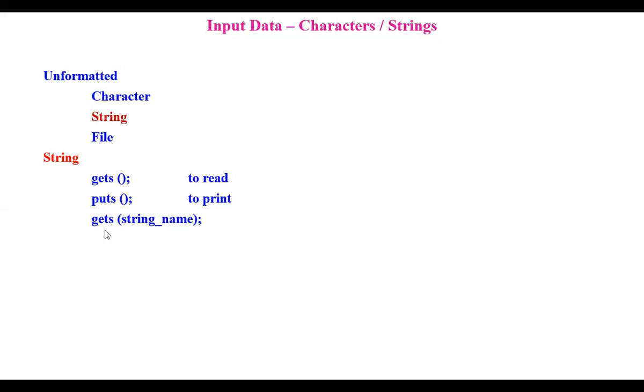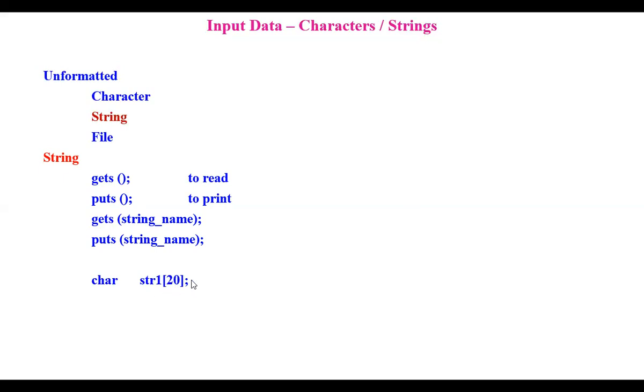Right? With gets, a string name can be given, that is, whatever value you are entering is read by the system with the gets function and assigned to the string name. Puts string name: whatever the value of this string name is, that is displayed as output. Another way is char str1[20], a string.